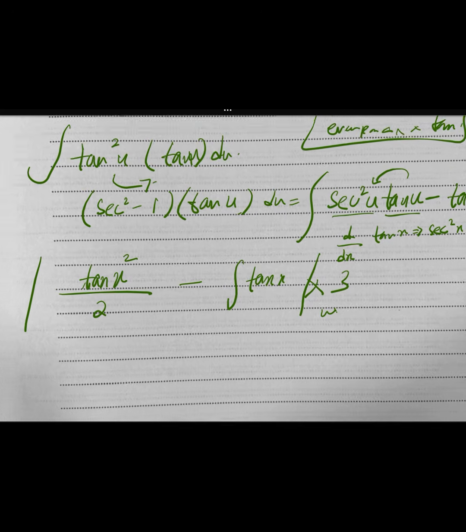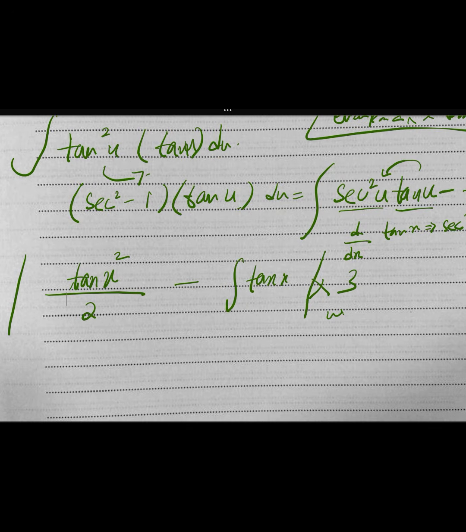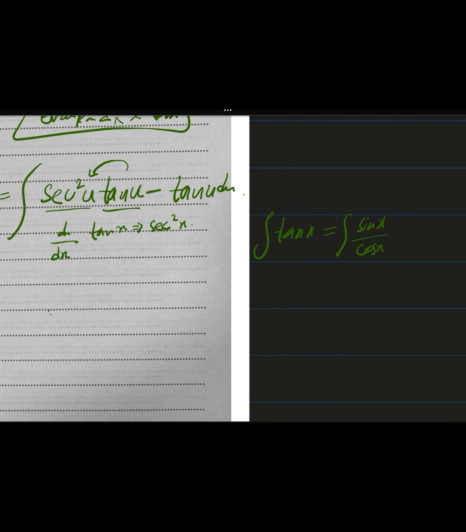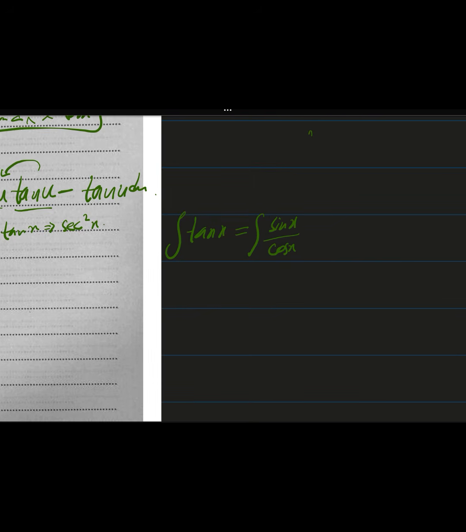So if we integrate tan x, first of all, we can rewrite tan x as sin x over cos x. The integral of tan x would be the integral of sin x over cos x. Now we also know that if the differentiation of f of x is present, the answer will be ln of f of x.